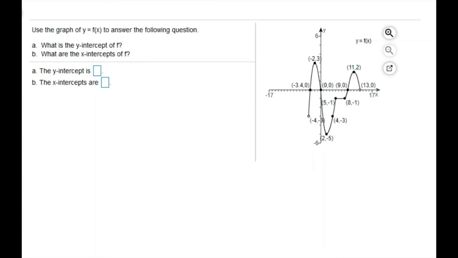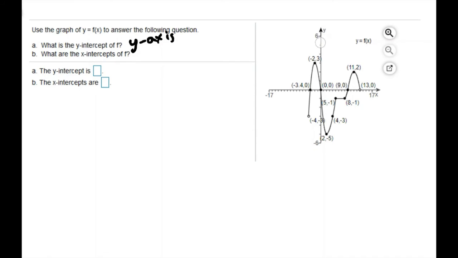The next example says, use the graph of y equals f of x to answer the following question. What is the y-intercept of f? What are the x-intercepts of f? So we want to make sure we know what a y-intercept is. A y-intercept is where the graph crosses the y-axis. So let's go look at this picture.